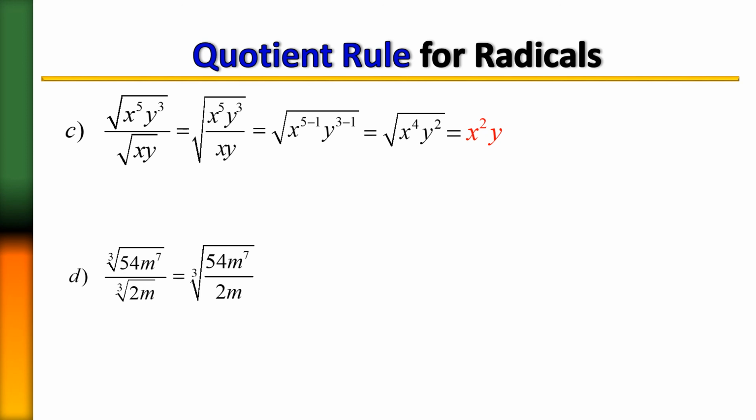For the variables, you're going to keep your base of m, top take away the bottom, and that's going to leave you with the cube root of 27m to the 6th power. And now we can go ahead and solve that. The cube root of 27 is 3. The cube root of m to the 6th power is m squared. So our answer is 3m squared.